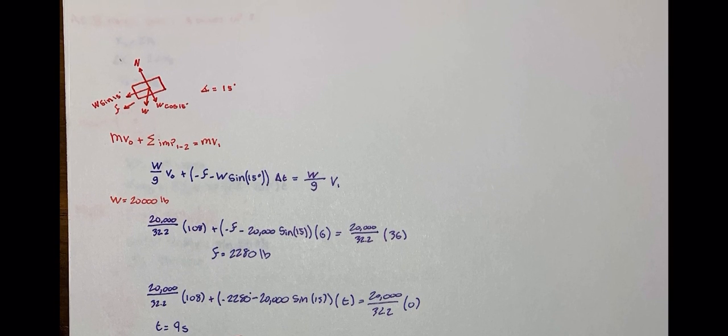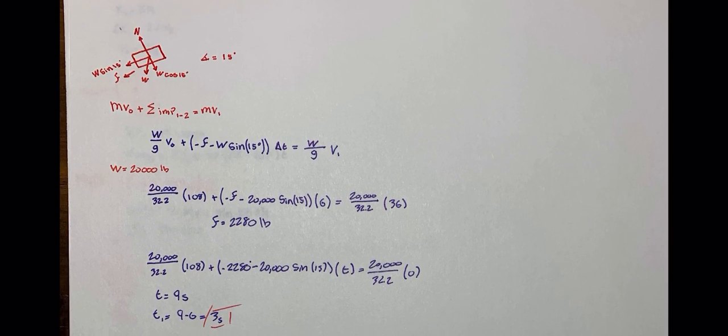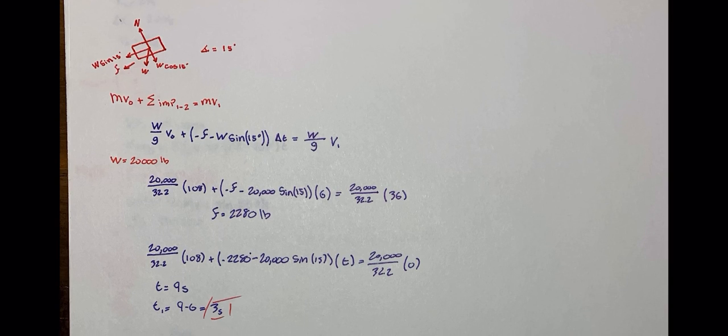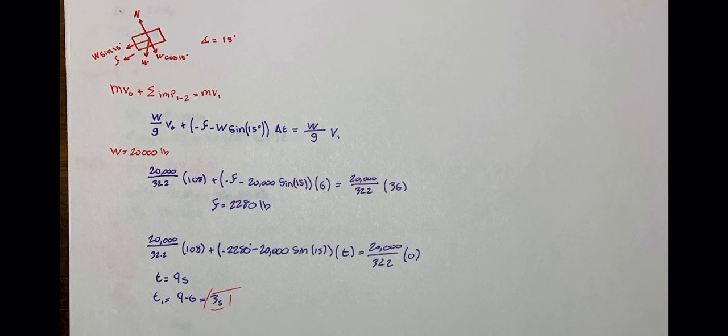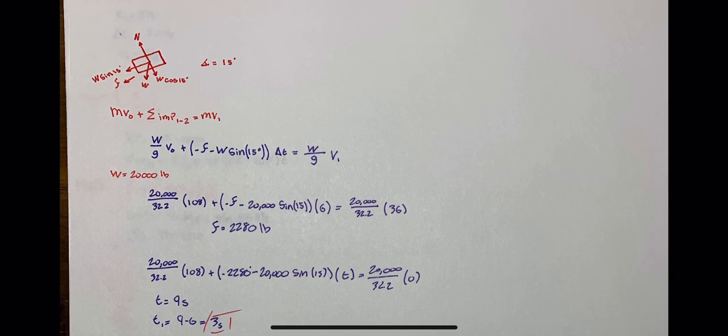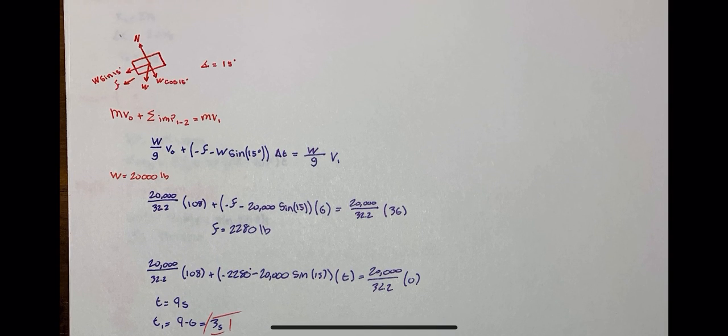So first we'll just draw a simple free body diagram. And we know the impulse-momentum equation, mv0 plus the sum of the impulse from position 1 to 2 is equal to mv1.